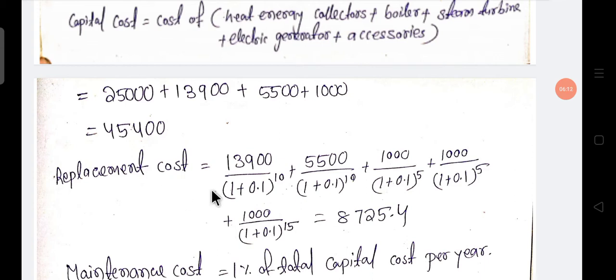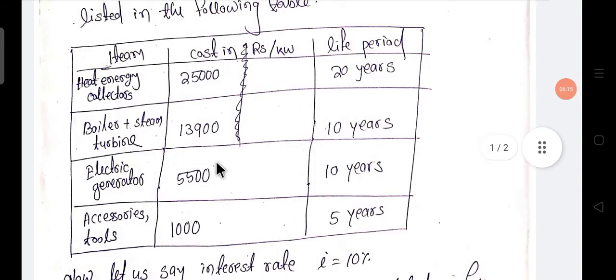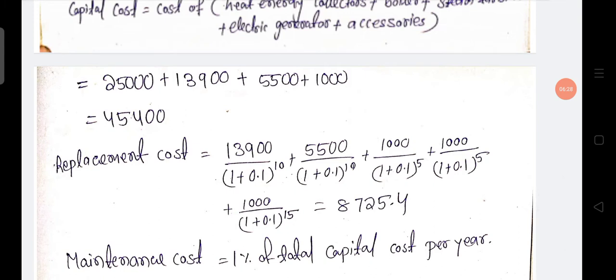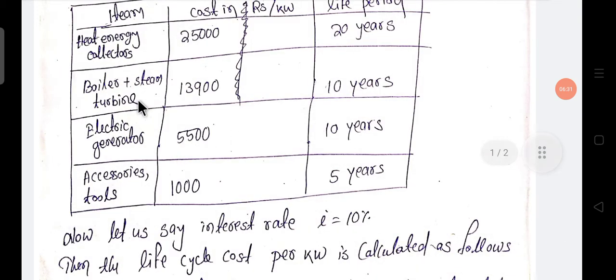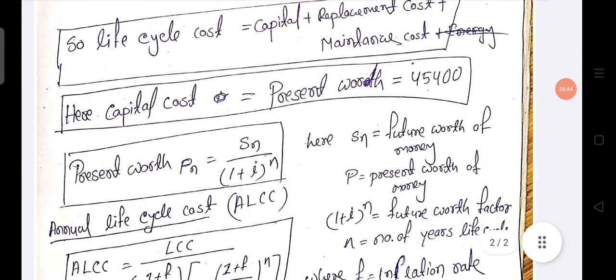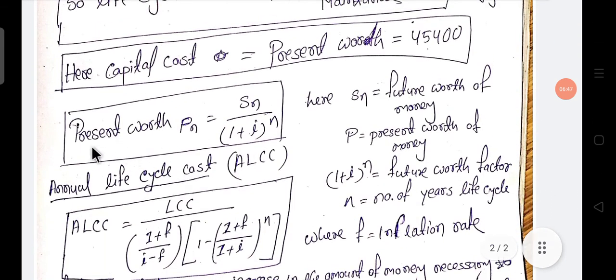So let's say 13,900 is the boiler and steam turbine, whose life cycle is 10 years. Then after 10 years, for replacing the boiler and steam turbine, what amount we need, that is the replacement cost. How can we calculate that replacement cost? From this formula, let's see here. This is the present worth, Pn equal to Sn.